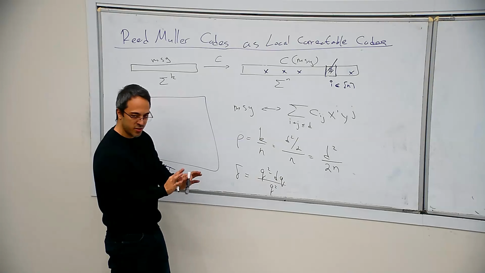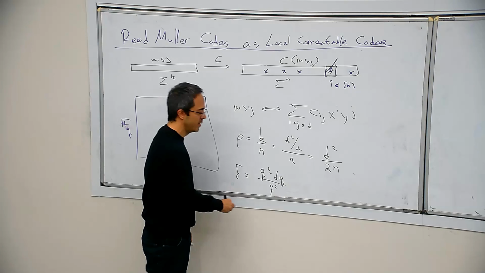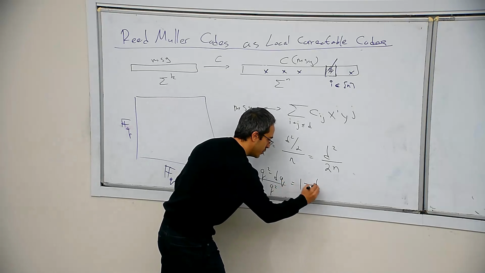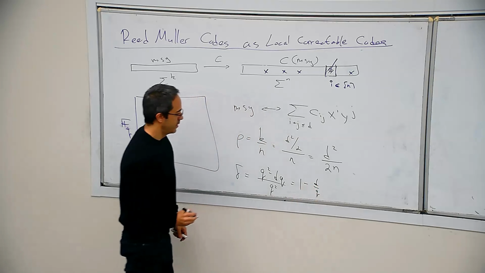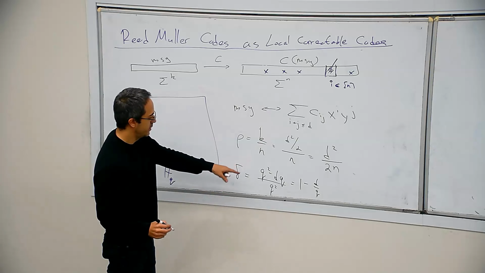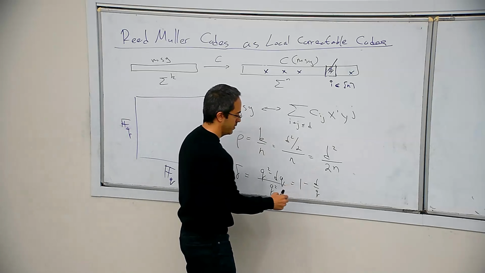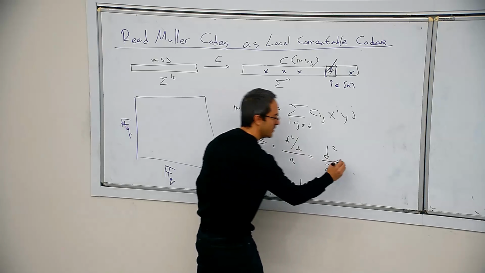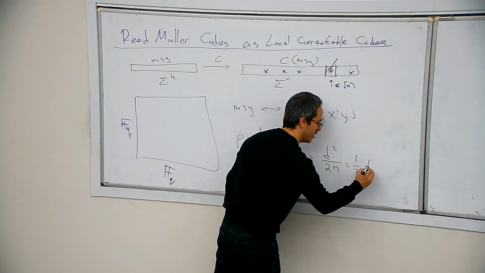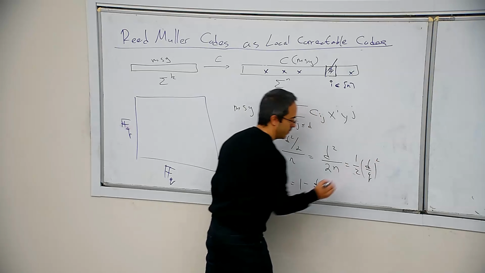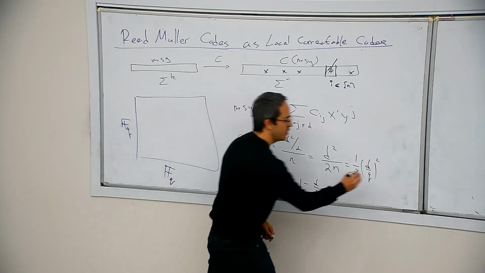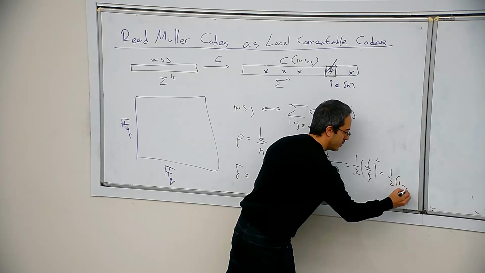Then I divide by Q squared to normalize and get the relative distance, which is 1 minus D over Q. And when you plug it here, and N is Q squared, so the rate is 1/2 D over Q squared because N is Q squared, you'll see what we got.